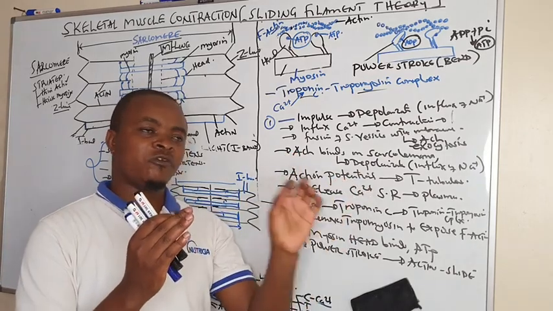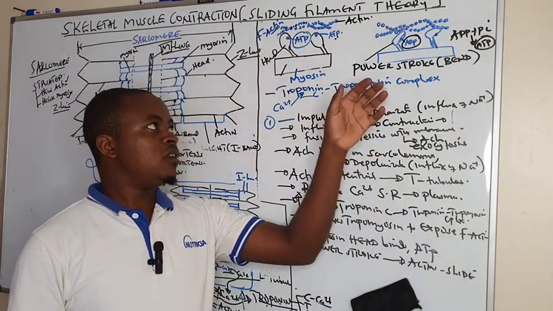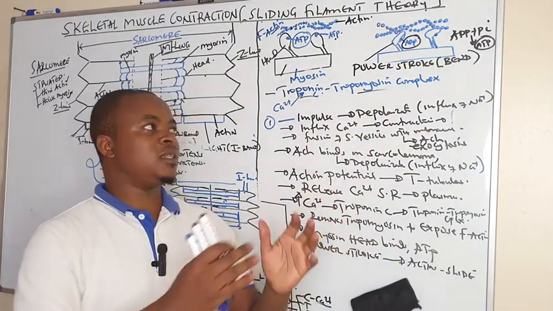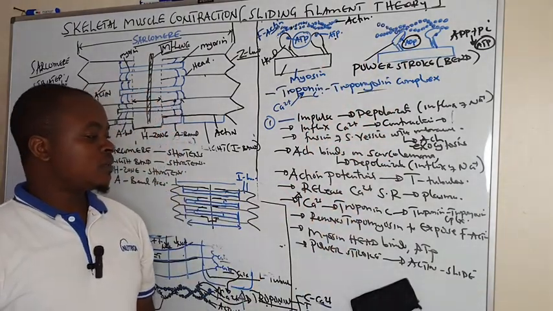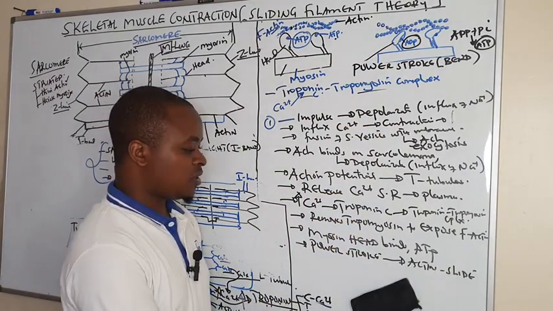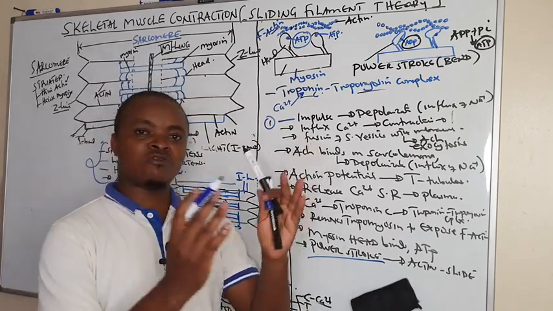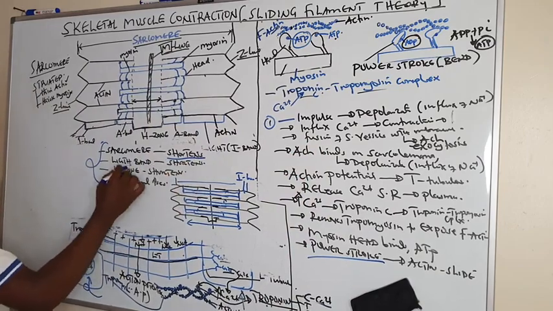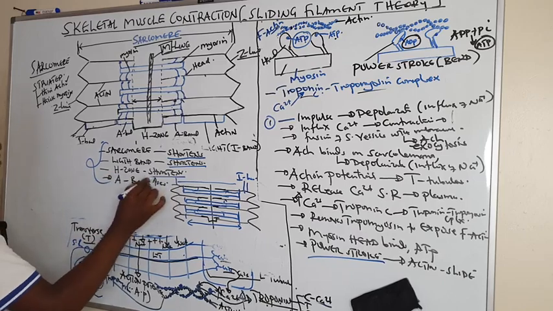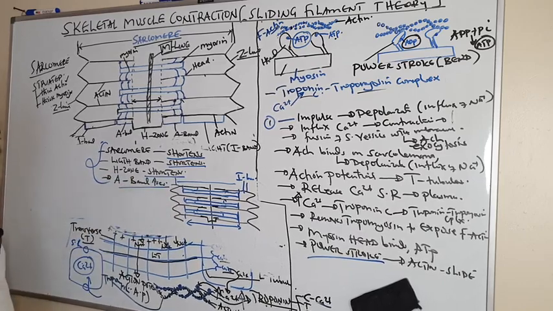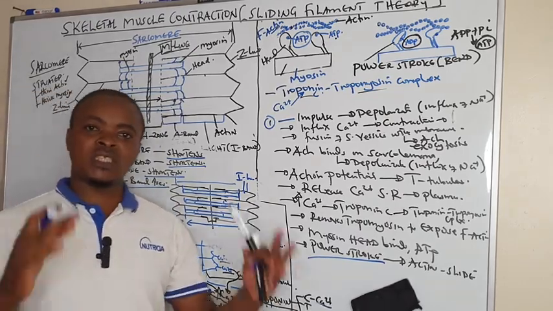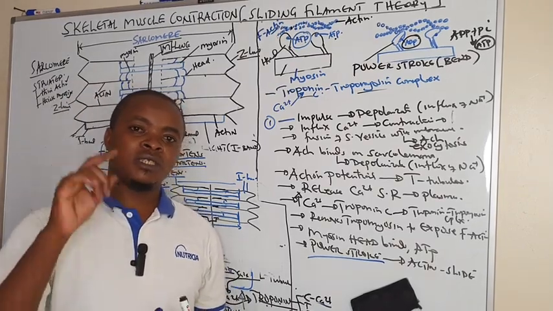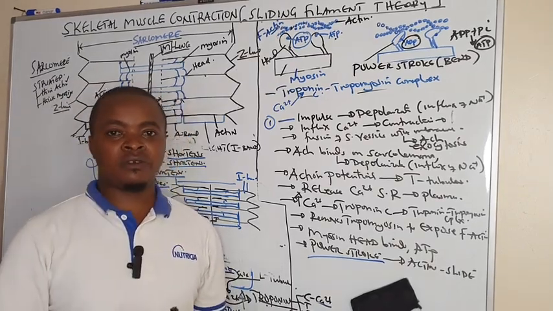Calcium binds, forms troponin-tropomyosin complex, removes the tropomyosin, myosin head binds, the muscle contracts. And at the end of this contraction, the sarcomere length shortens, the light band shortens, the H zone shortens, the A band increases. So this is what we can discuss for you under muscle contraction, what we call the sliding filament theory.